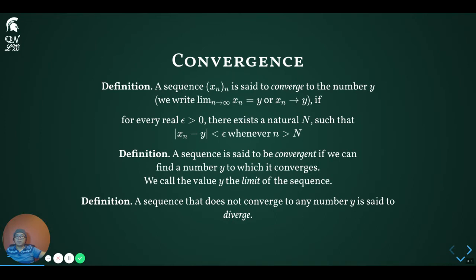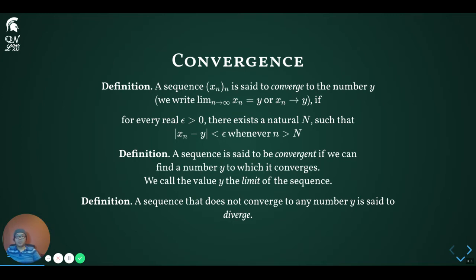Having said what a sequence is, let us formally define what it means for a sequence to converge. We will explain the idea behind this notion on the next slide after first seeing what a definition looks like. A sequence is said to converge to a value y if, for every positive real number epsilon, we can find an index capital N such that all terms of the sequence with index later than capital N are no more than a distance epsilon away from y.